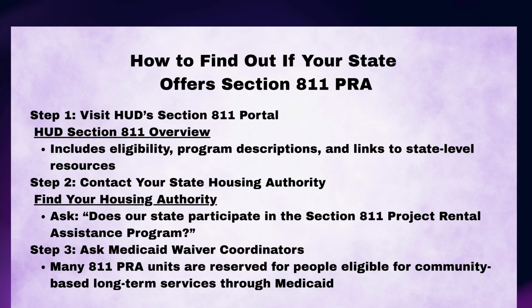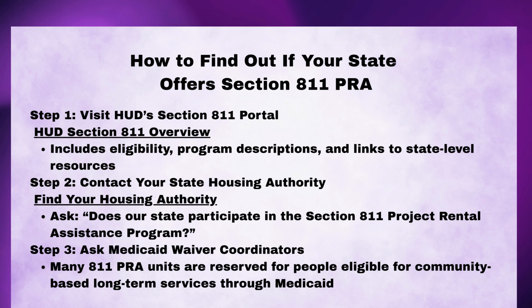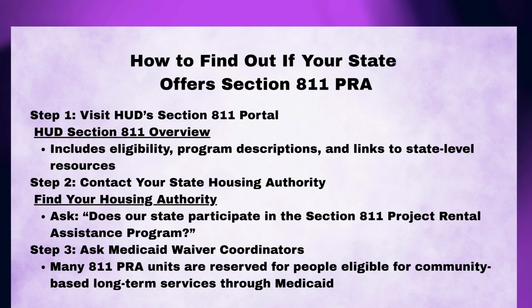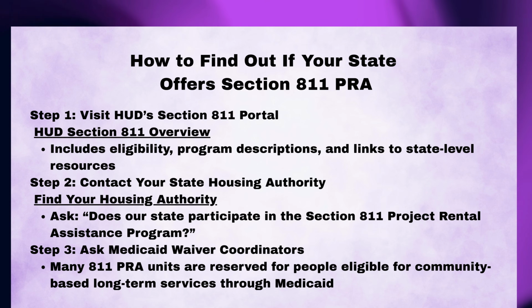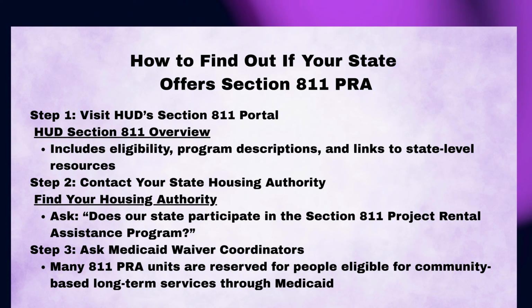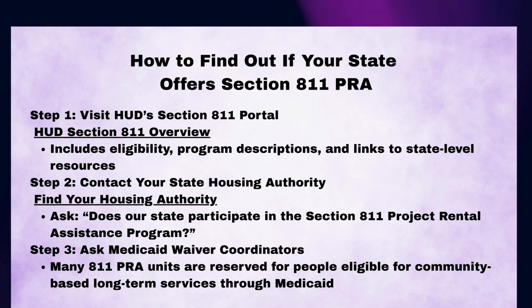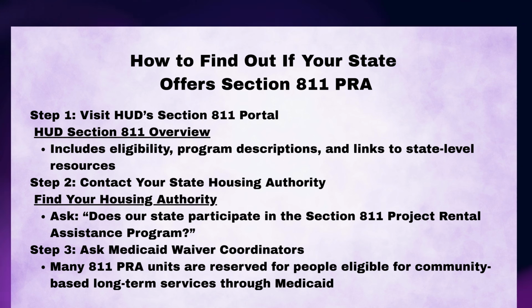So, guys, I'm gonna show you the website in a minute, and the link is gonna be in the video description because you have to search for it. But to find out if your state offers Section 811 project rental assistance, you can visit the HUD Section 811 portal, and there you'll find all kinds of information.